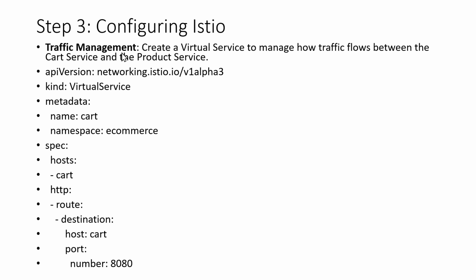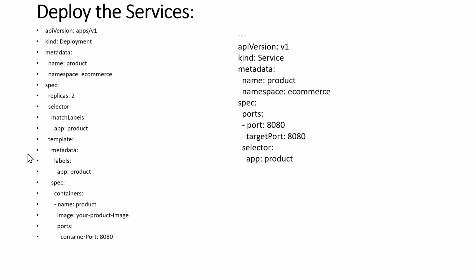Now traffic management. Here I will be managing the traffic in this script. Create a virtual service to manage how traffic flows between the cart service and the product service. Just like how I created the script for the product, likewise we will have two other scripts with different names, images and ports.